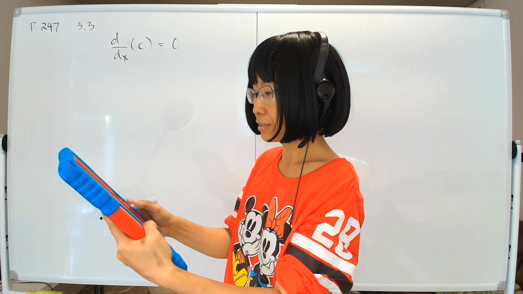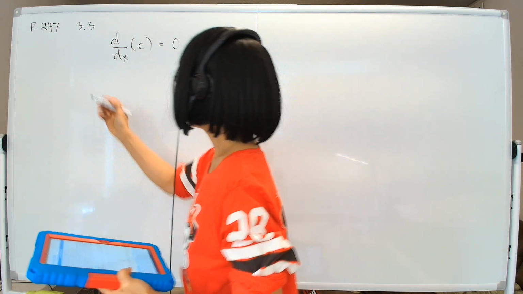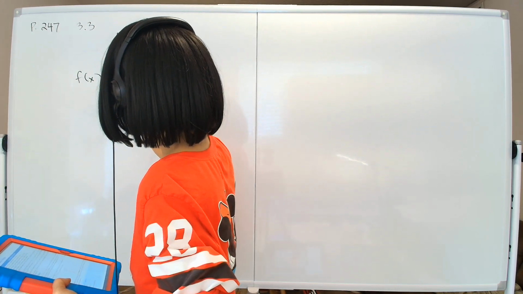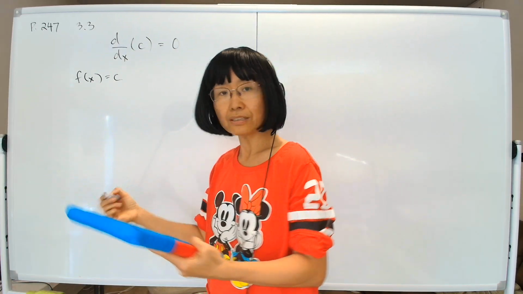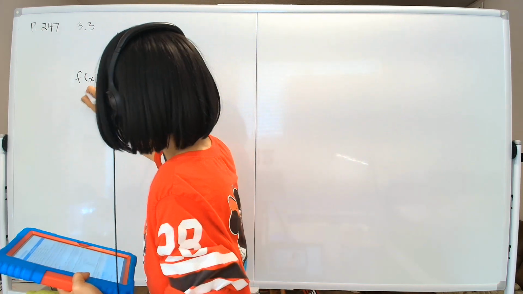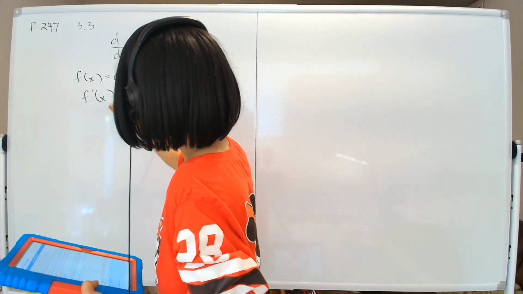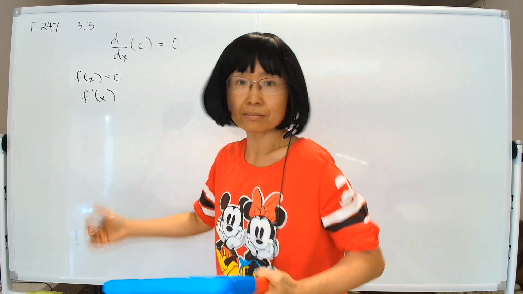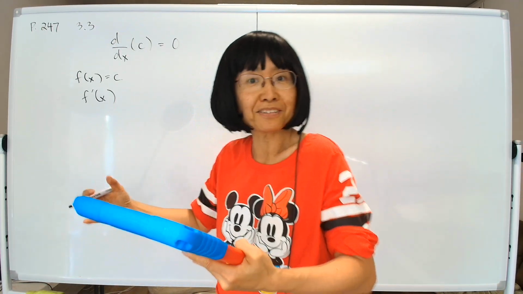The proof is this. Let's say you have a function f of x that equals some constant. Then the derivative, by definition, is f prime of x. You might ask why we are saying f prime. No reason, it's just habit. Your book uses it, so I do too.